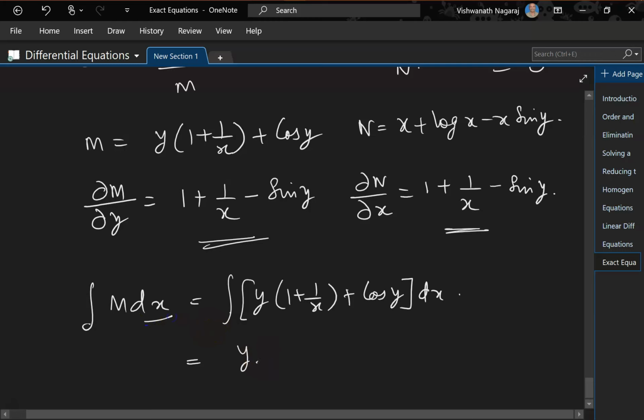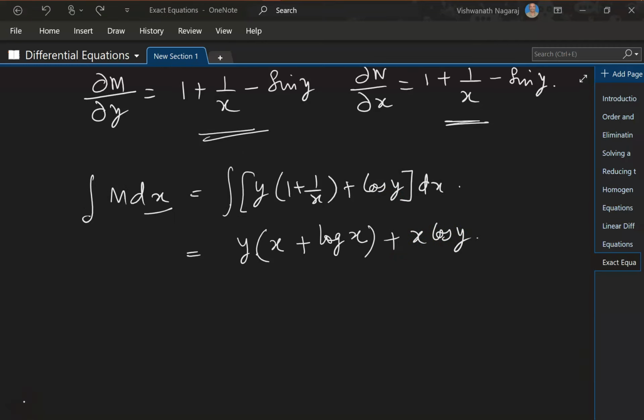We are integrating with respect to x. y is constant, so it remains as it is. Now since it is 1, this will be x, because when we differentiate x we get 1, plus log x, when we differentiate we get 1/x, plus, remember, with respect to x, so x cos y.